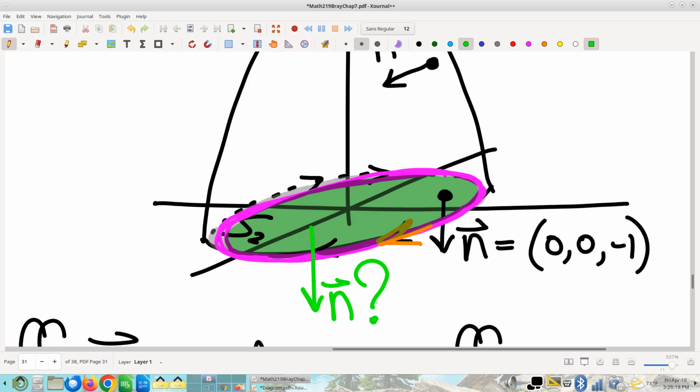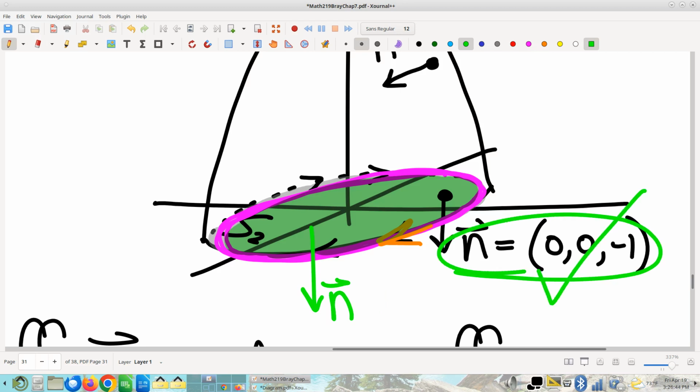That makes a swirl, which goes in the correct direction, the exact same orientation that our original surface gave us. And that's how we know that our normal vector is what I have pictured. Our normal vector is indeed downward, and thus (0, 0, -1).